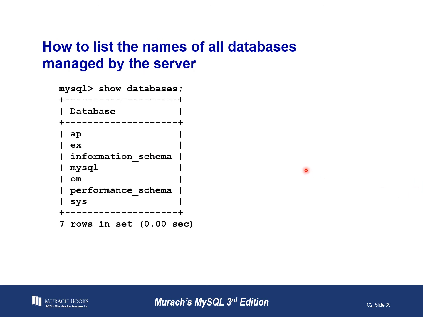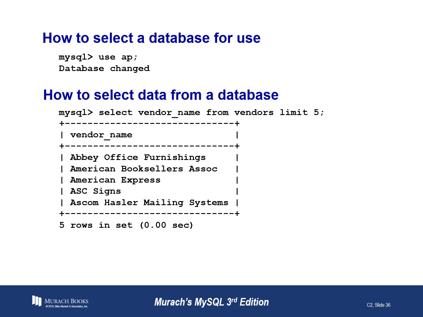Next slide. Once you're in, you can write simple commands like this, show databases, for example, with a semicolon, and it will list the databases in this sort of format. You can see all the various schemas or databases present in the DBMS. Okay. Some more examples of the use of the MySQL command line interface.